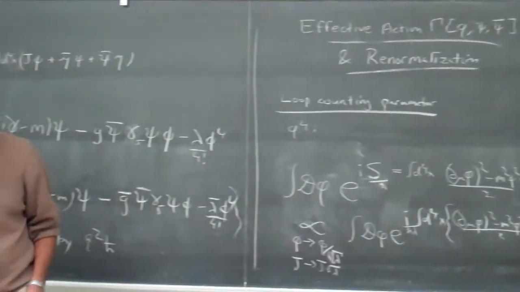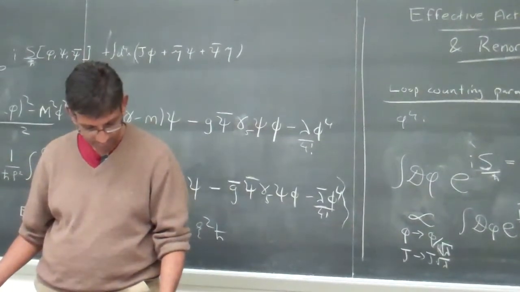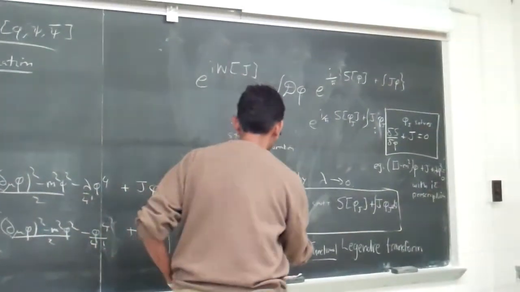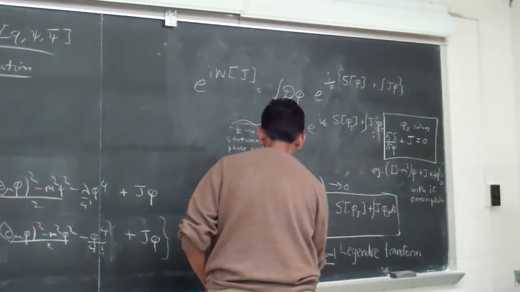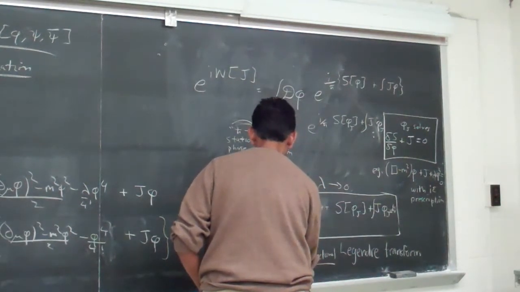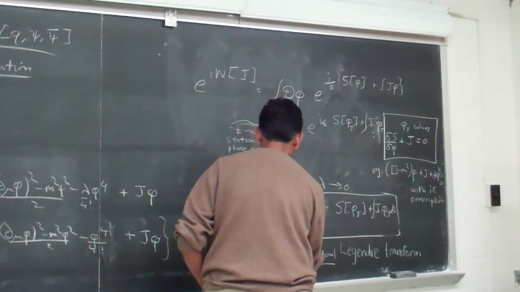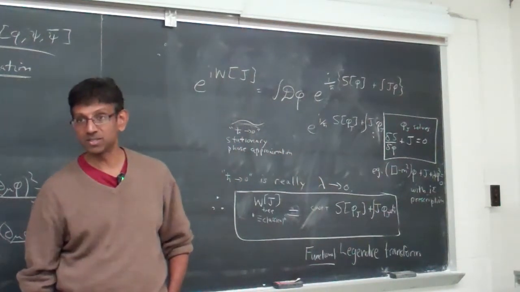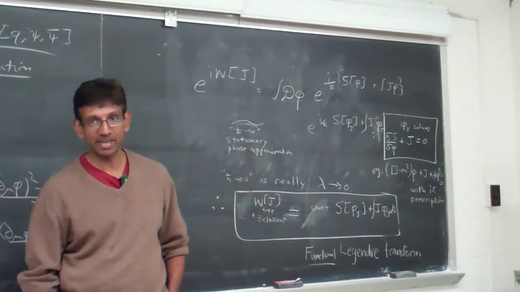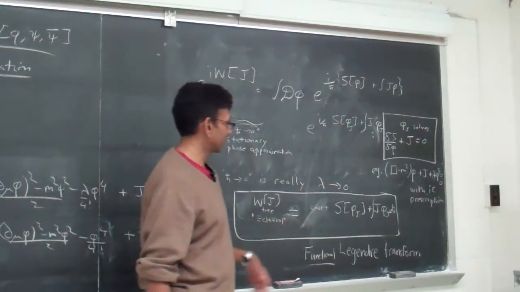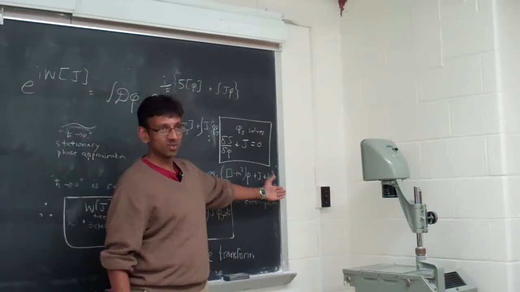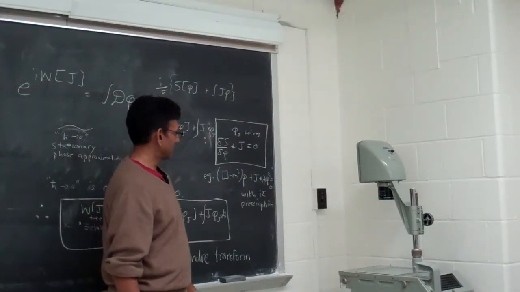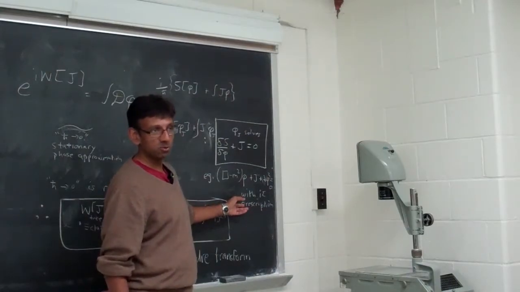So, because of this, we sometimes say that the tree approximation is the classical approximation. We sometimes say that, and hopefully it's clear why, because it looks like you're solving the classical equations of motion. This is the thing that puts the quotes.